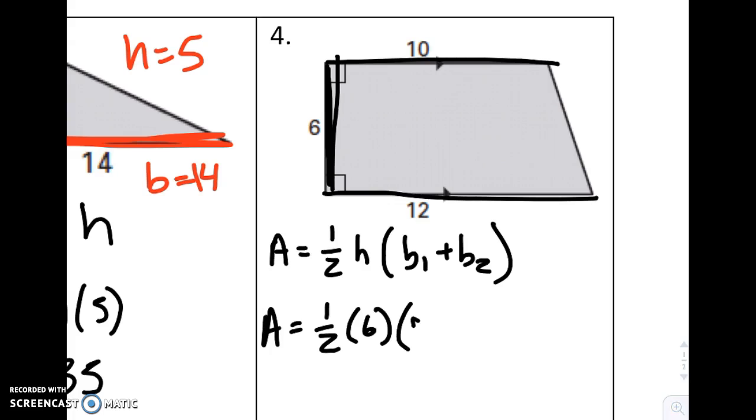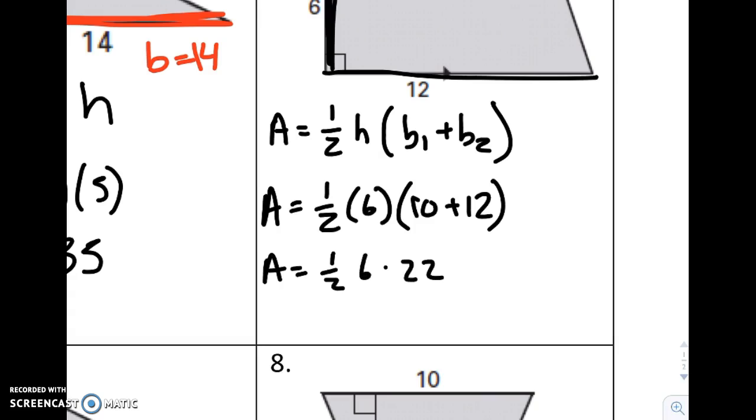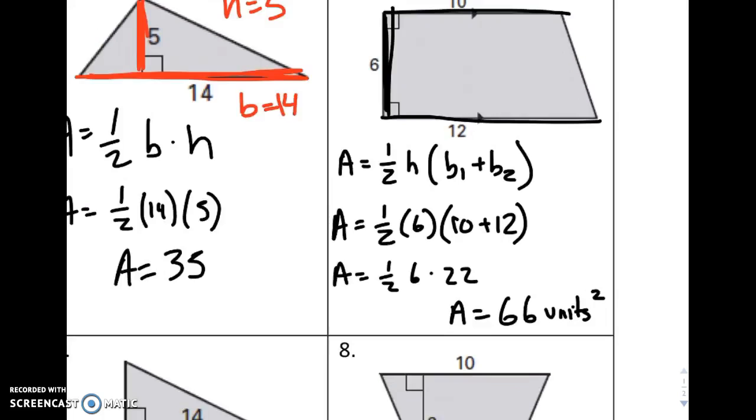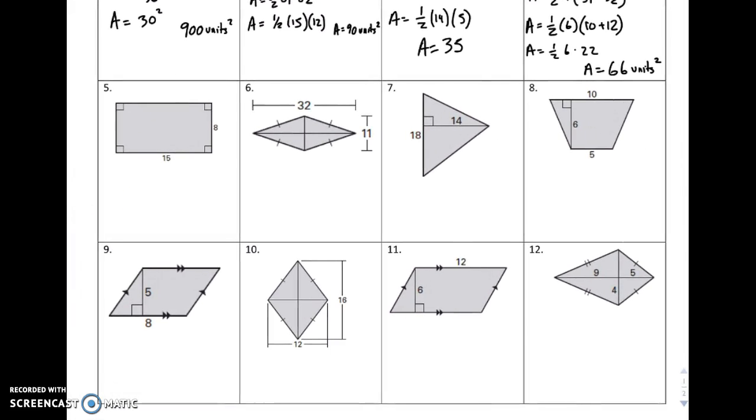Base 1 and base 2, it doesn't matter which order you put them in because you're just going to be adding. So then to calculate this, you've got 1/2 times 6. 10 plus 12 is 22. So you're just going to multiply 1/2 times 6. You can multiply by 0.5 if you'd like, or divide by 2, and the area will equal 66 square units.